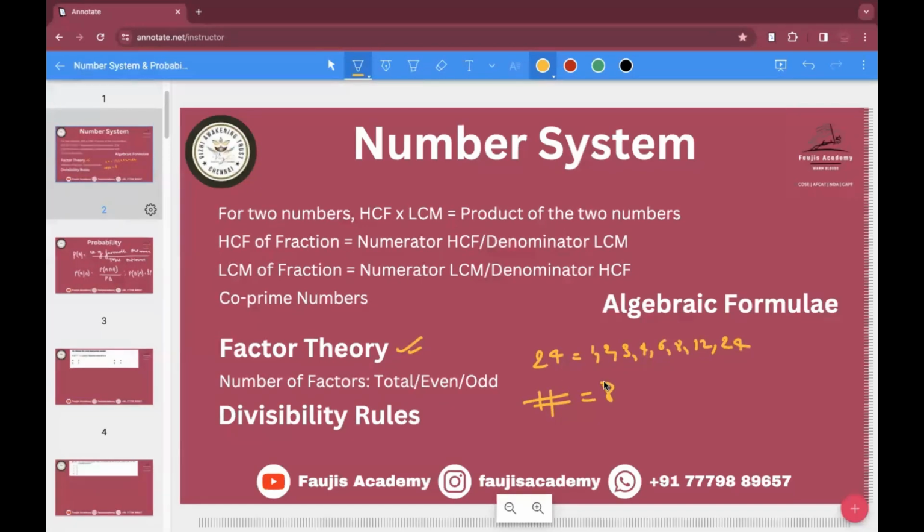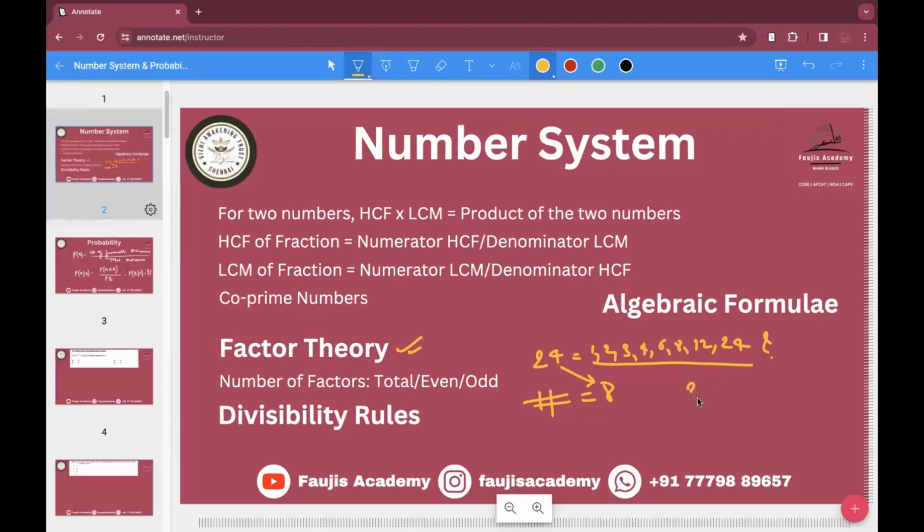Can we arrive at this number without writing all these numbers? Fortunately, the answer is yes. The mathematicians were so badass that they found it out.